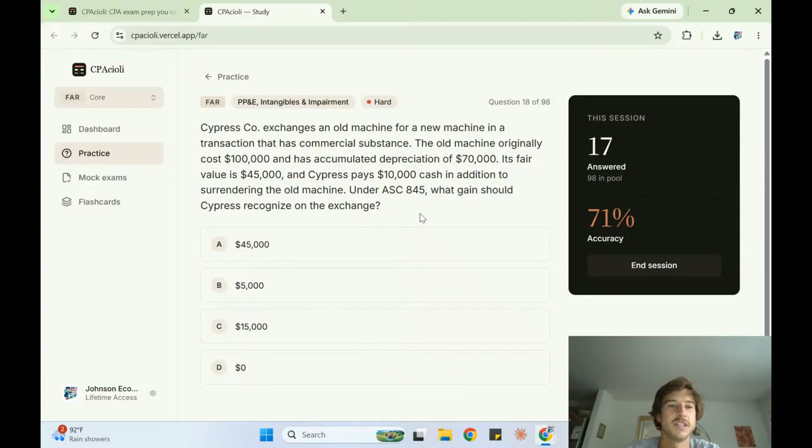Oh, hard question. Doesn't look bad though. The old machine originally cost $100,000 and has accumulated depreciation of $70,000.